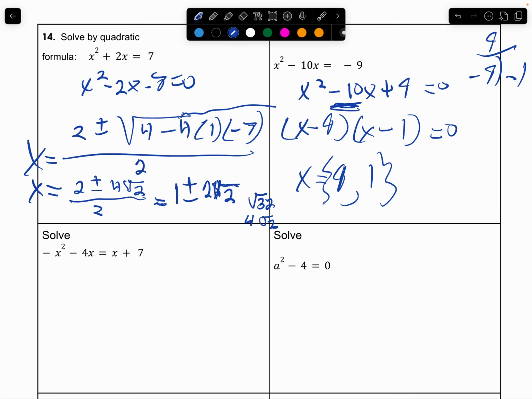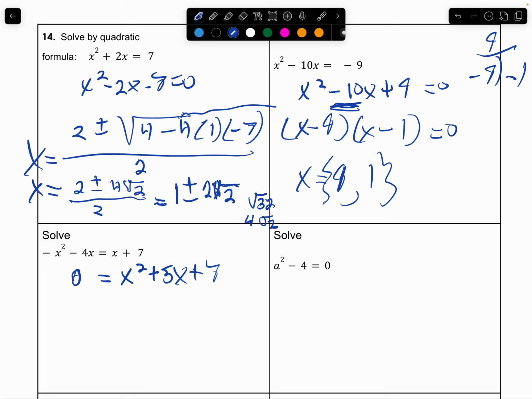I'm going to bring the x squared over to the other side because I'd like to make it positive. So if I bring everything over to the other side and make that 0, you don't have to, but it kind of feels easier. x squared is positive now, which is great. Minus 4x plus 4x and 1x is plus 5x. And then we have plus 7. And 7 doesn't look like it's going to give me good factors to solve this with factoring.